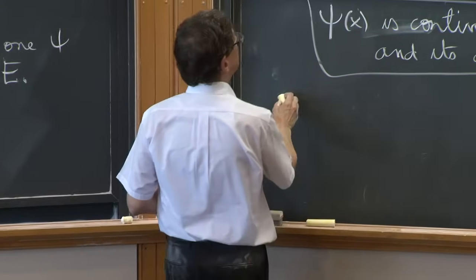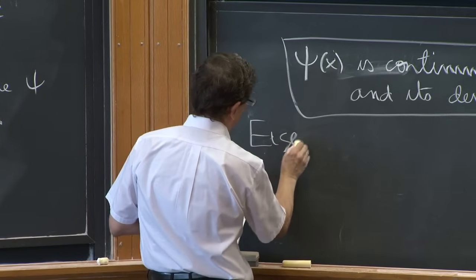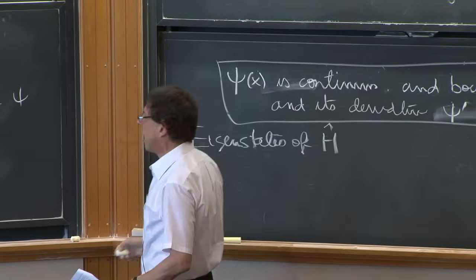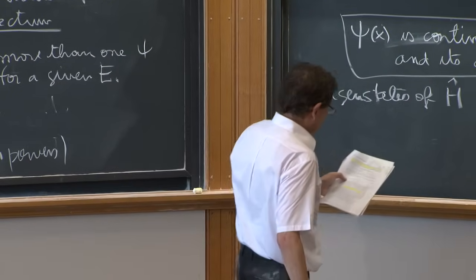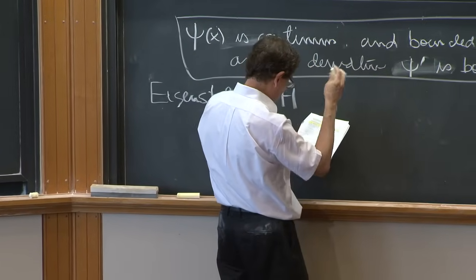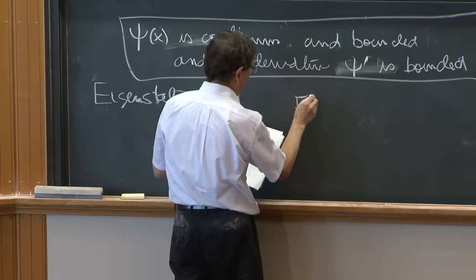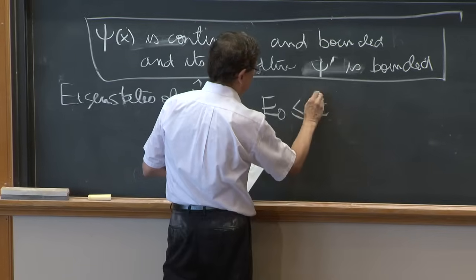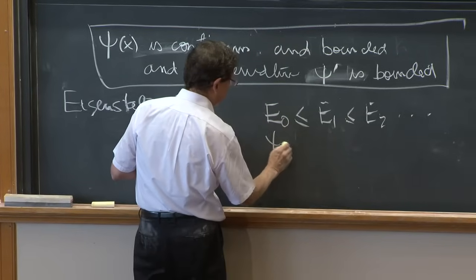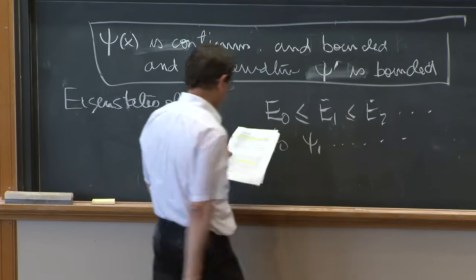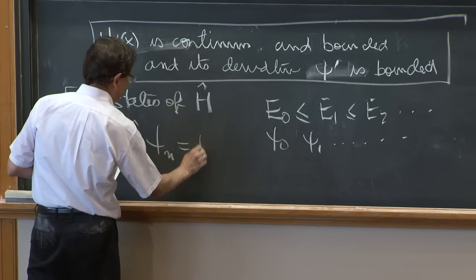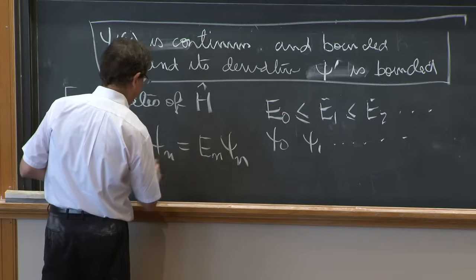So the eigenstates of H hat, these are the energy eigenstates. You can consider them and make a list of them. So you have an energy E0 less than or equal to E1, E2 just goes like that, and you have a psi 0, psi 1, all these wave functions, and then H hat psi n is equal to En psi n.